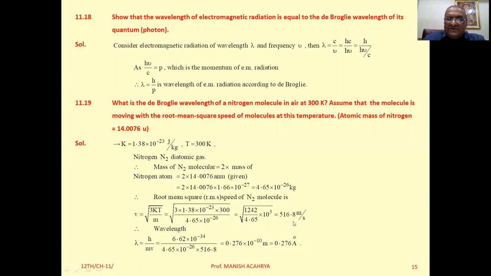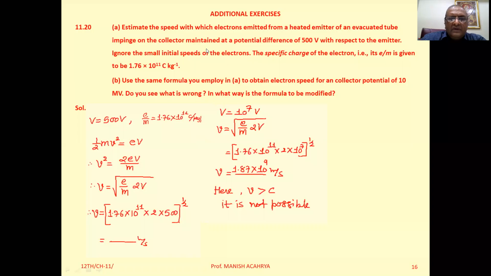Once we get the RMS speed, then we can calculate lambda, because lambda is h by p, but p is mv. So substitute the value of h, then mass of nitrogen molecule, then RMS speed, which we already calculated, and then solve it. You will get the answer. Clear to all of you?